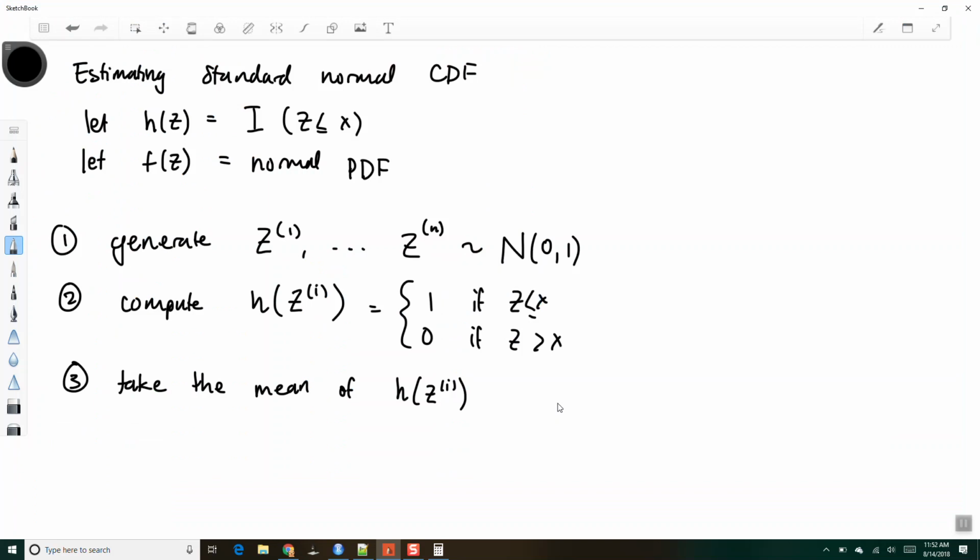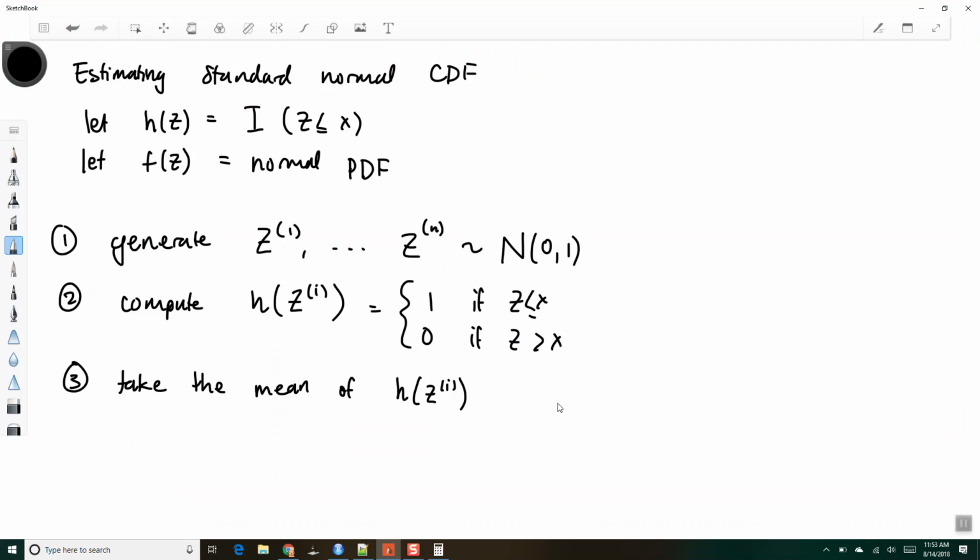And that kind of makes sense. It's a very roundabout way of getting your normal CDF, but it would work, right? The normal CDF of, say, 1.5 is the probability that a random normal value is less than 1.5. And the way we're going to estimate that is by generating a million values from the random normal, and then we basically ask, is it greater than 1.5 or less than 1.5?